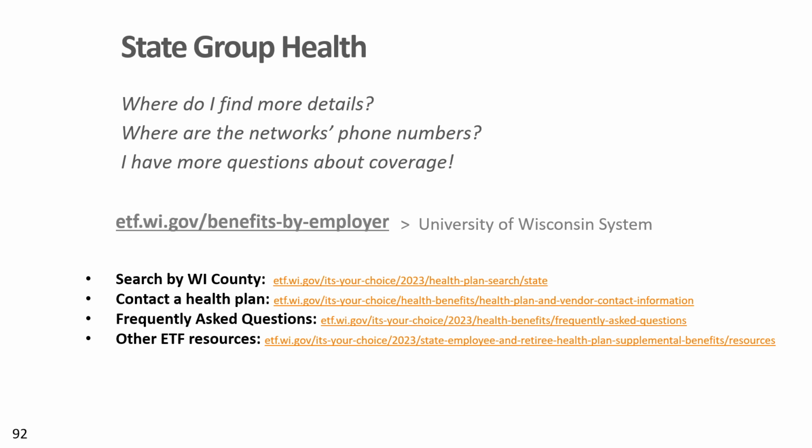And then if you were to choose one of the Wisconsin-based plans, choosing which of the networks within the county that's best for you will still require additional research. You want to review those different network options, contact them if you have questions about where their clinics are located, and then review Employee Trust Fund's frequently asked questions and other resources on their site.